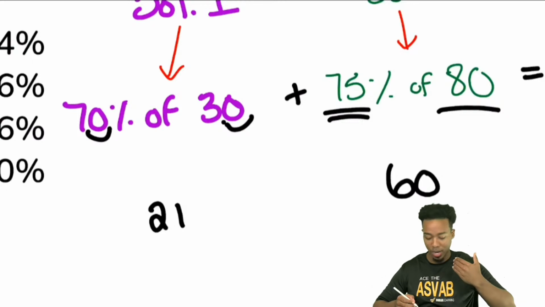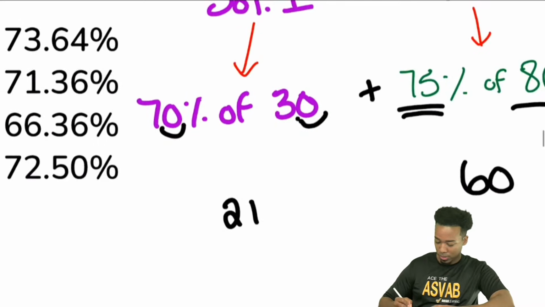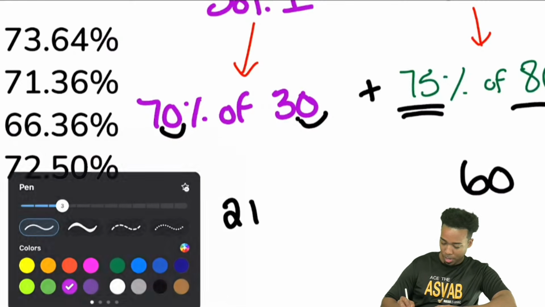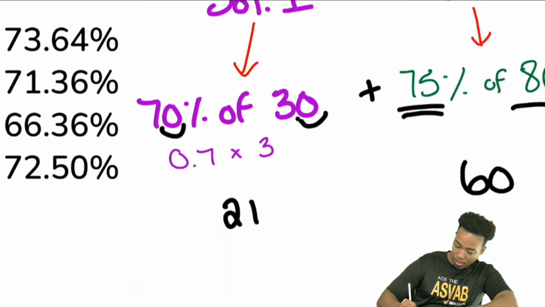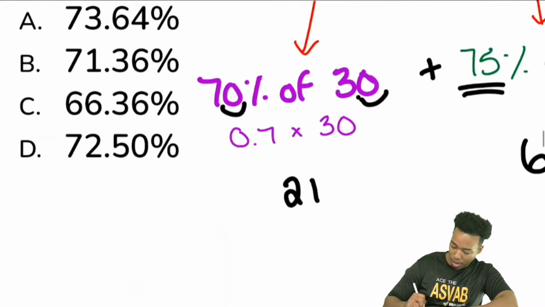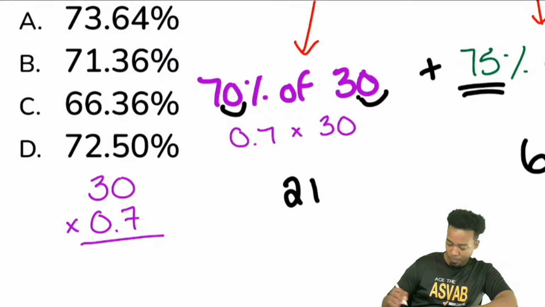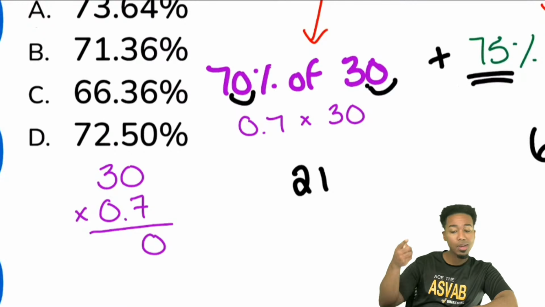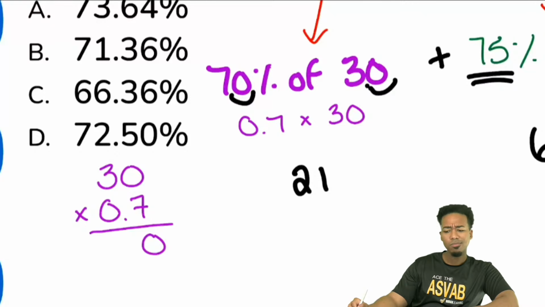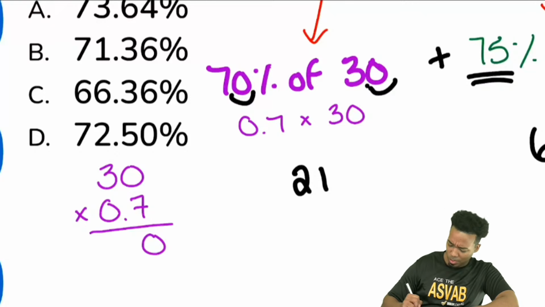So I'm going to backtrack, and I'm going to go ahead and show you the calculations. So right over here, I'll show you the 70% of 30. That would be 0.7 times 30, and I'll do that right here. So 0 times 7, that's going to be 0. 3 times 7, everybody, what's that going to be? Help me out. Yeah, that's going to be 21.